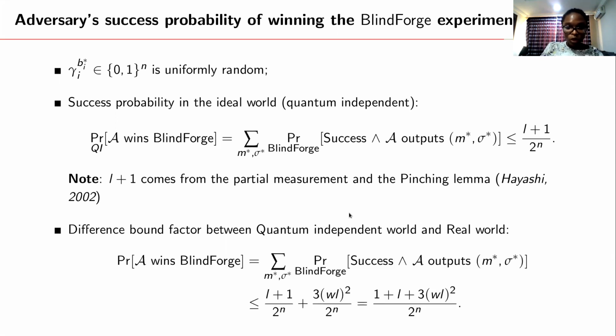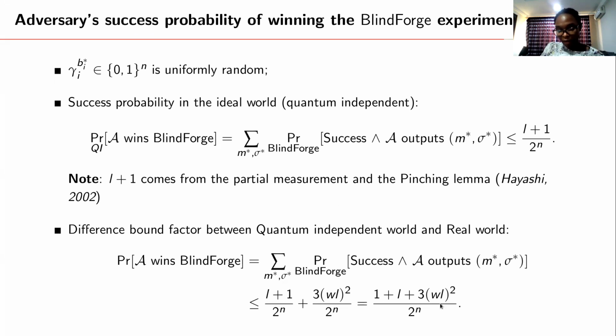But now, due to the fact that our independent world is close to the real world up to a factor, we have to add that factor to the final success probability, and we get this probability.